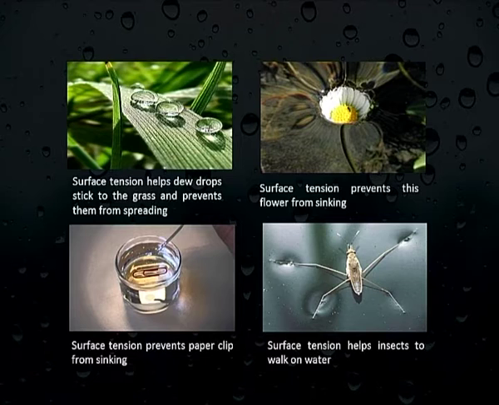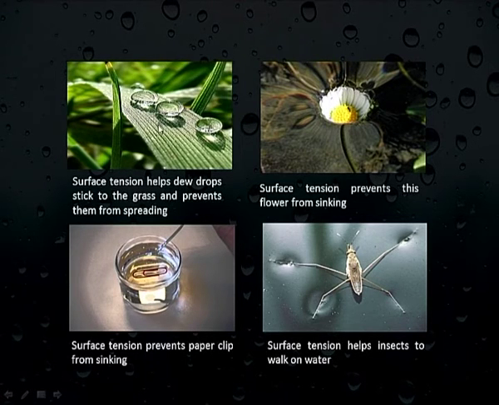Now to start with surface tension. Before going into details about the concept of surface tension, we will see many examples around us where this property plays a very important role. We see how dew drops stick to the grass and do not spread.